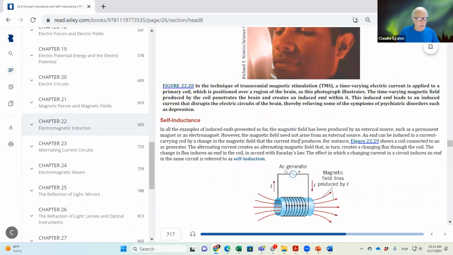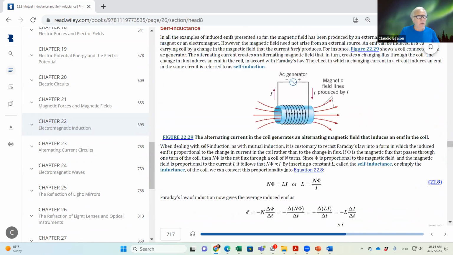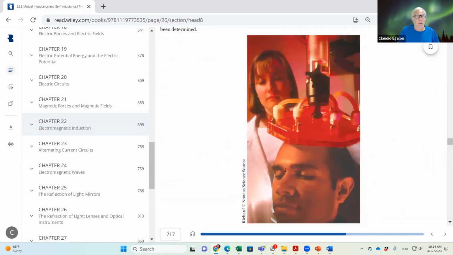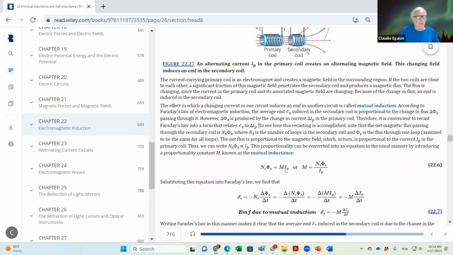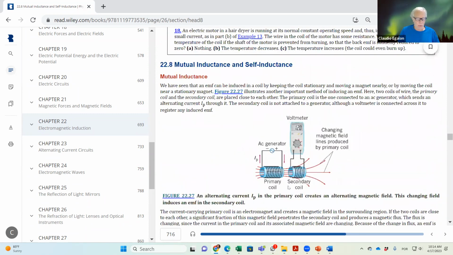Mutual induction and self-inductance. Okay, we're going to concentrate on self-inductance. That's more important. And they have mutual inductance and self-inductance. They have different letters. Okay, so here you go. What we have, so you can understand what's going on.